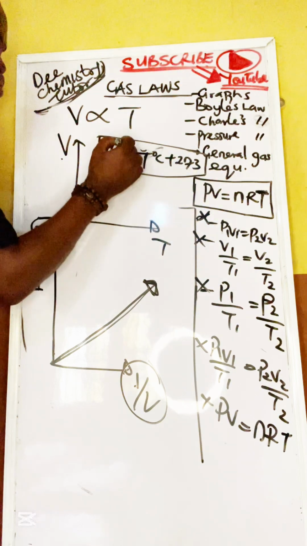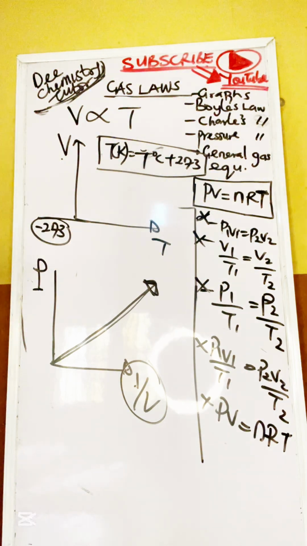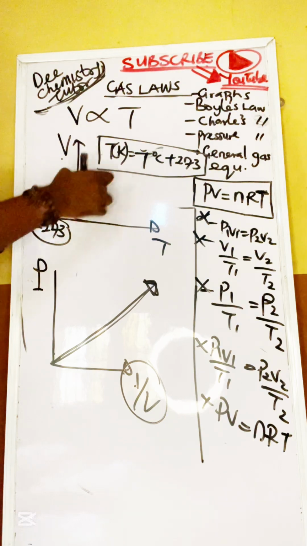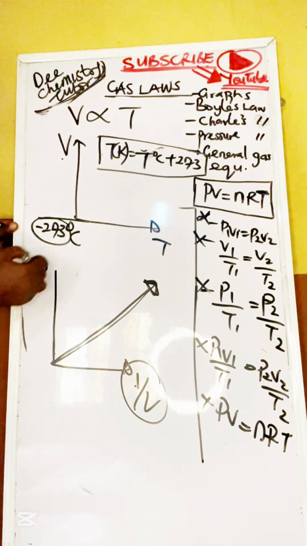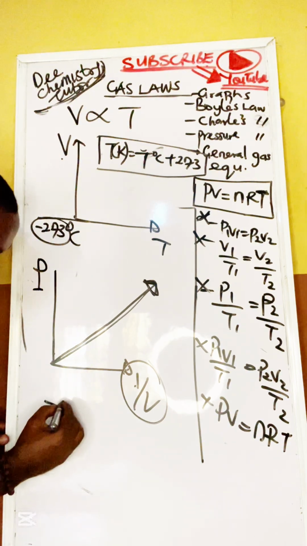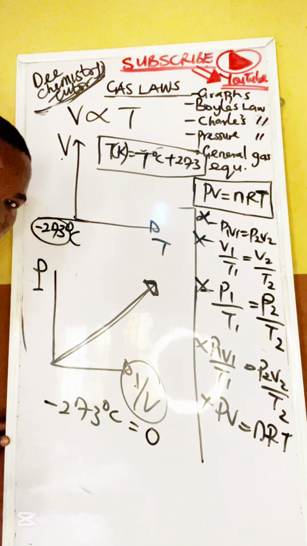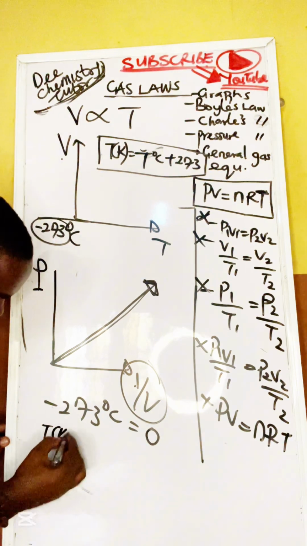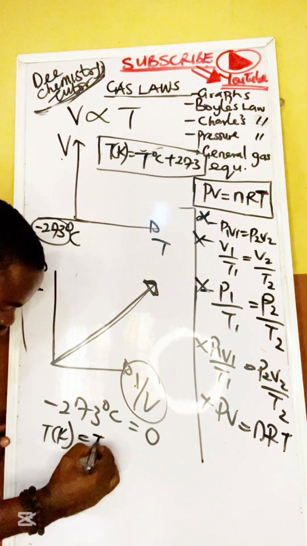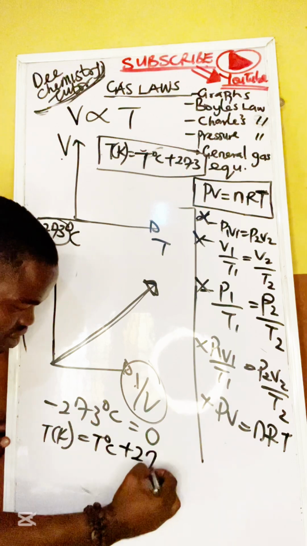We've not talked about conversion though. I'll still talk about that. That means minus 273 degrees Celsius, if it's here, is equal to 0 Kelvin. That means minus 273 degrees Celsius is equivalent to 0 Kelvin. How? Because I know T Kelvin is T degrees Celsius plus 273.